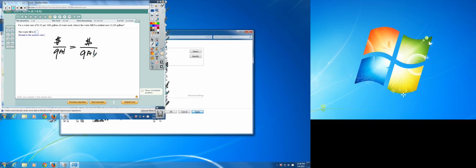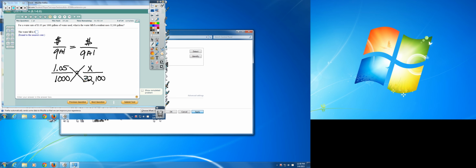Okay, so direct proportion. 1.05 is to 1,000 as X is to 32,100. And what do we do next?